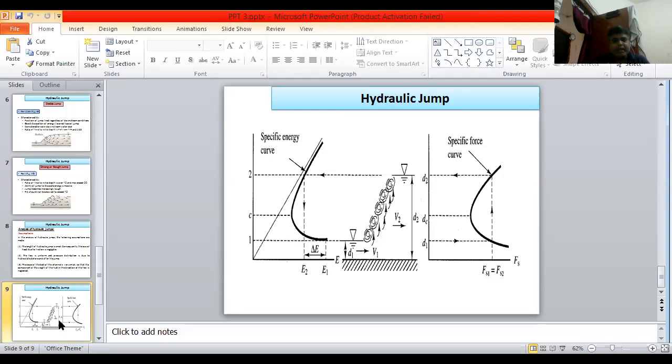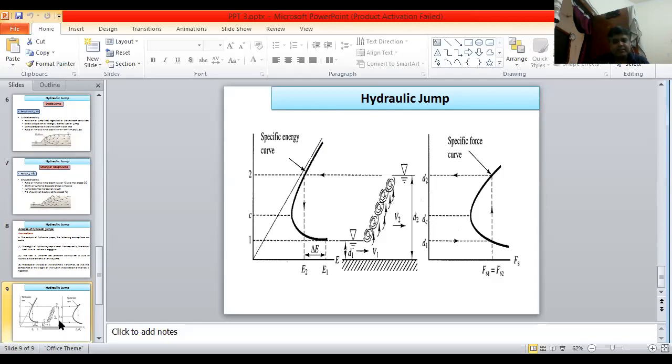Below the critical depth, the depth is known as supercritical flow depth, and above the critical depth, the depth is known as subcritical depth.